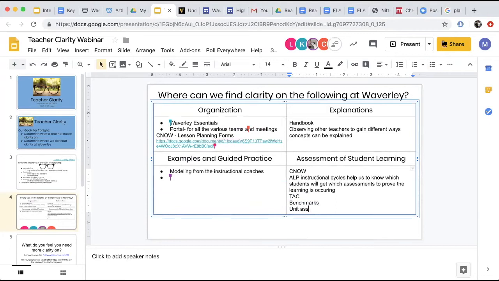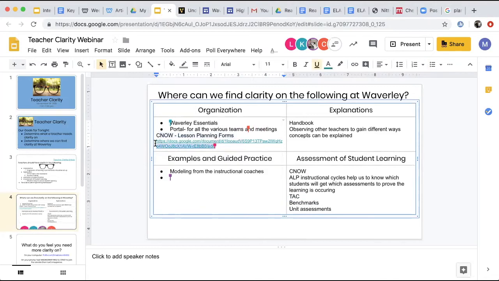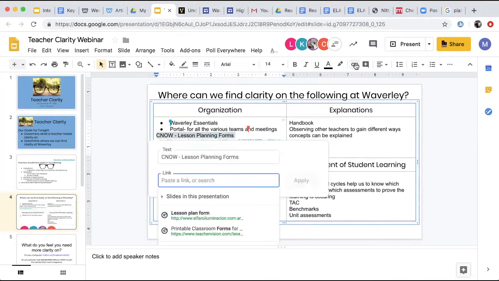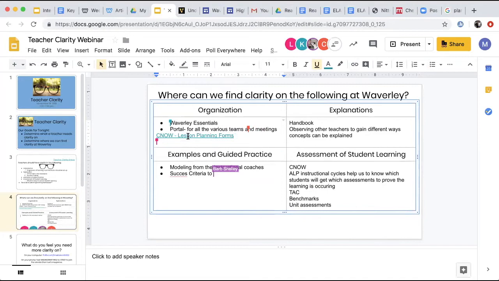Is it too much to put a link in there? No, that's perfect. You can also, if we Command C, you can link the actual words. There you go. Now it's linked to the words. Oh, thank you. You are the technology person. How are you feeling, Danielle? Are you okay? I don't think she heard you.